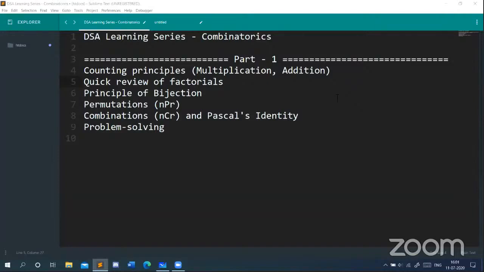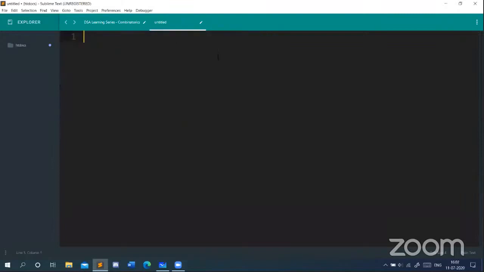So we're going to begin with counting principles. And this will really be a way to count things in a smarter way. But before we get to that, I'd like to discuss two things which will seem to be irrelevant, but they still make sense in a while.